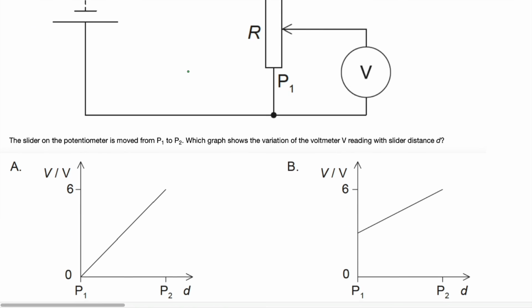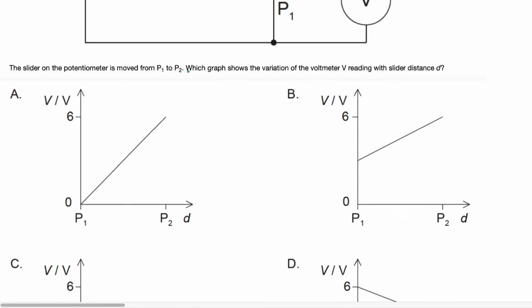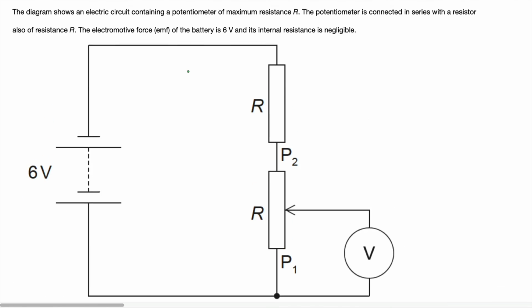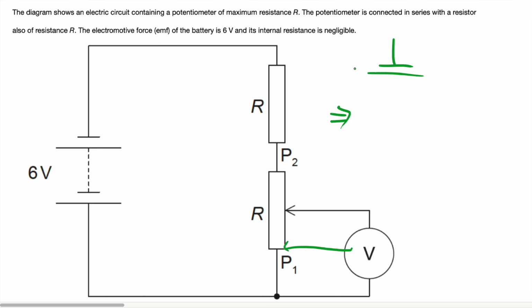So how do we do this problem? When you see a potentiometer, you can think that the device is equivalent to 2 resistors, right? So when the potentiometer is here, the circuit is this. I'm just going to say here is 6 volt.